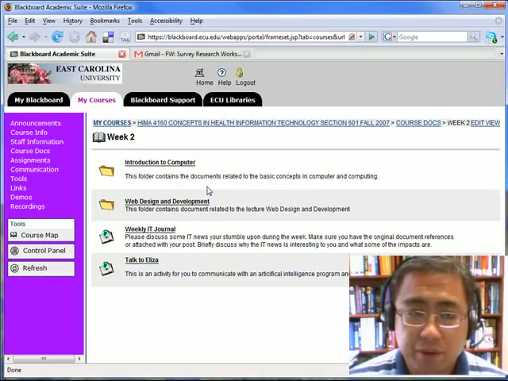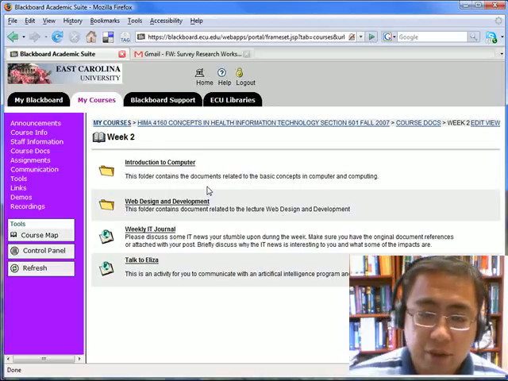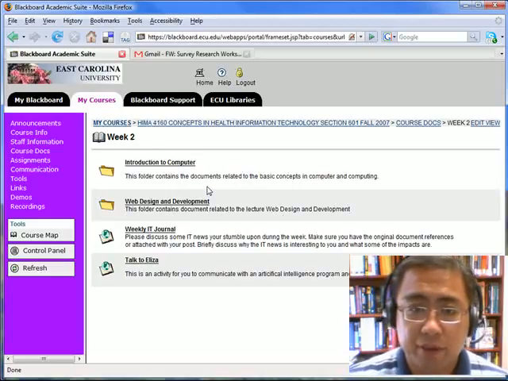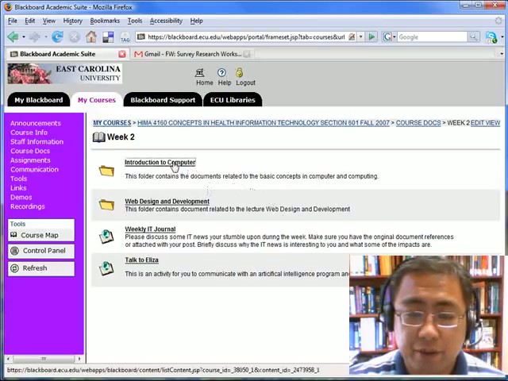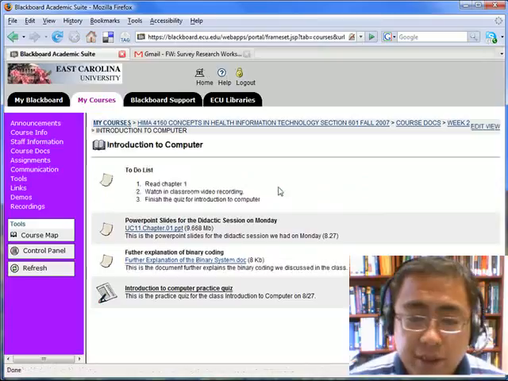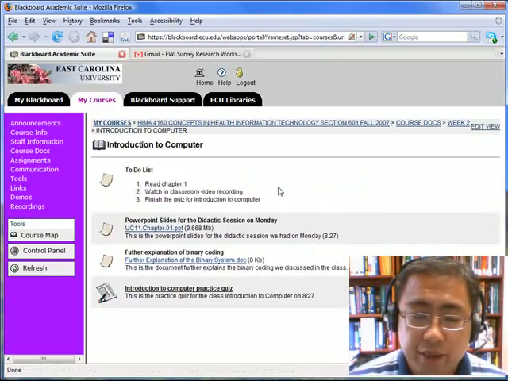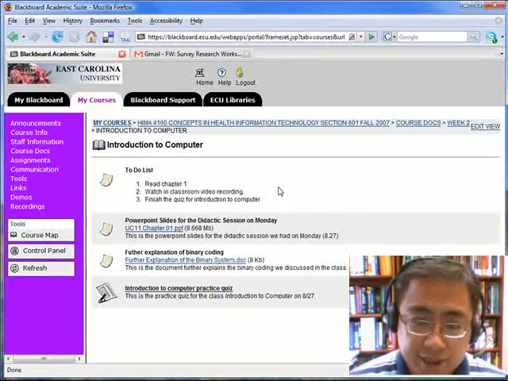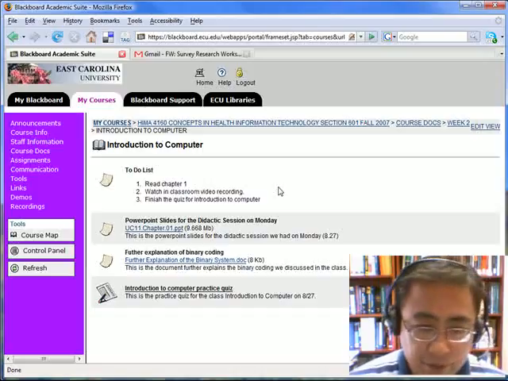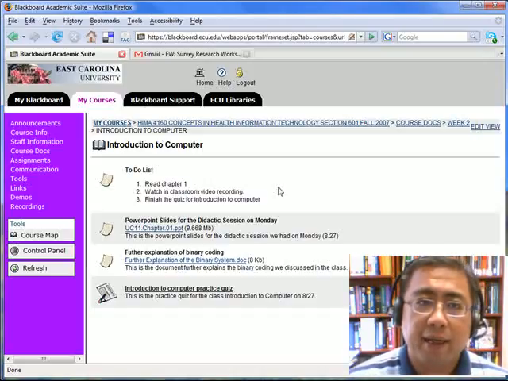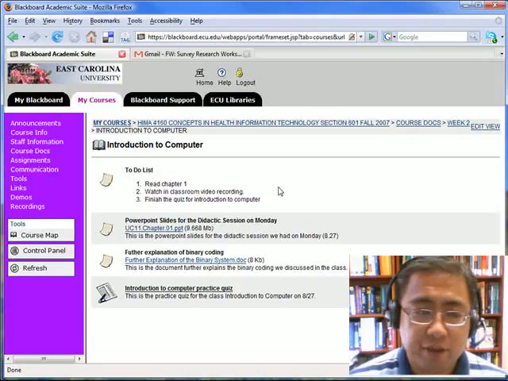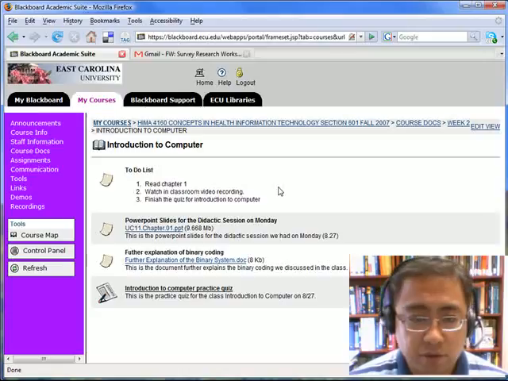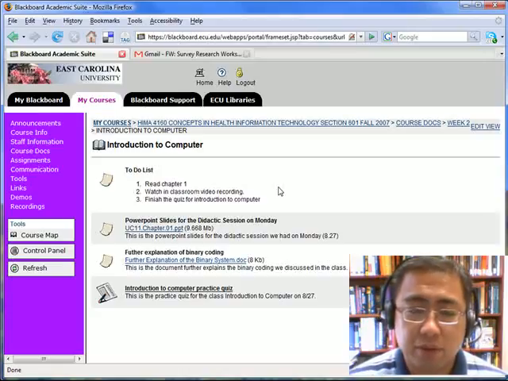What I want you to do is for each session to read all the materials accordingly. So let's go to the first session, Introduction to Computer. To study this session, you need to read chapter 1 of the textbook, which is Introduction to Computers, and also I have about 30 slides talking about digitalization, which is mentioned in the beginning of chapter 2, and I pulled them from many other sources.